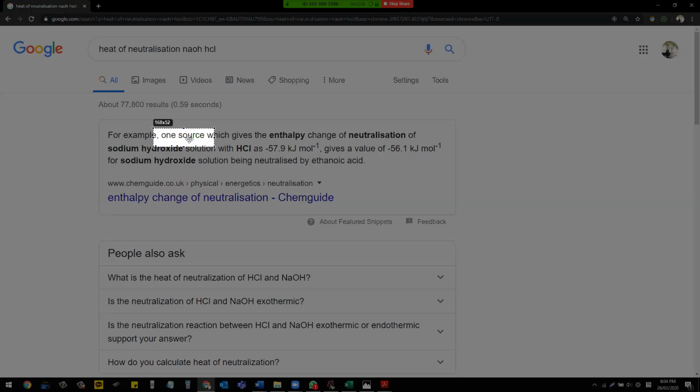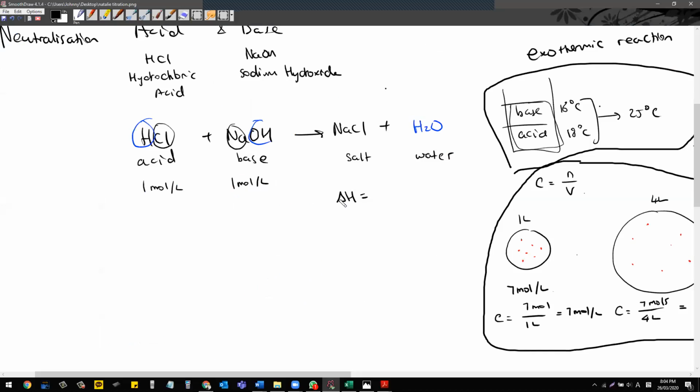One source gives the enthalpy change of neutralization for sodium hydroxide solution as that value. So 1 mole of this and 1 mole of that combine to give that, and the amount of heat generated will be 57.9 kilojoules.